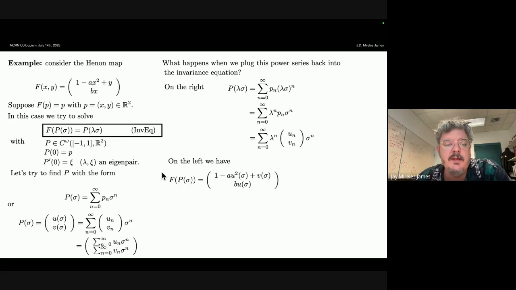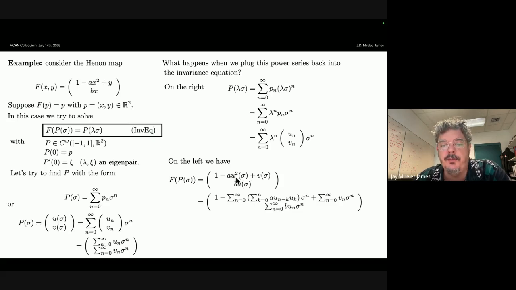On the other side, we have to take this power series and plug it into this map. So here, I've started to write that out with the components. We can see we're going to have to square our power series in U. That's an expression like this, where I've done the Cauchy product of power series.